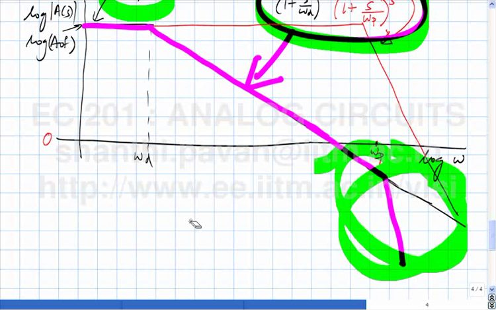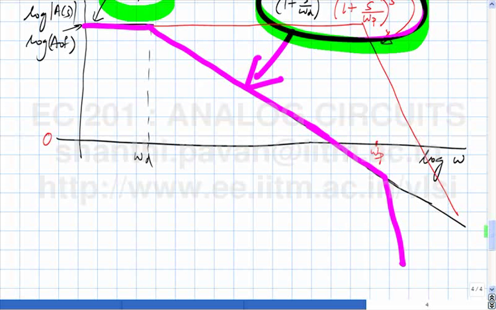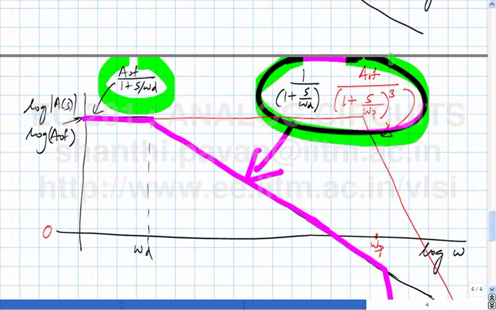So if you want this fourth order system to look like a first order system, it's only important to make it look like the first order system in a frequency range where feedback action is actually occurring, and that only occurs when the magnitude of the loop gain is larger than 1.